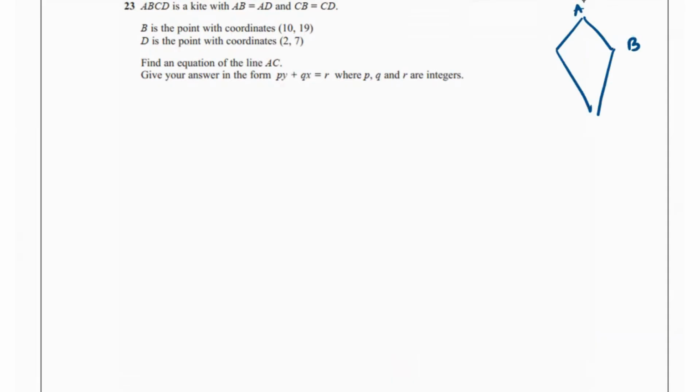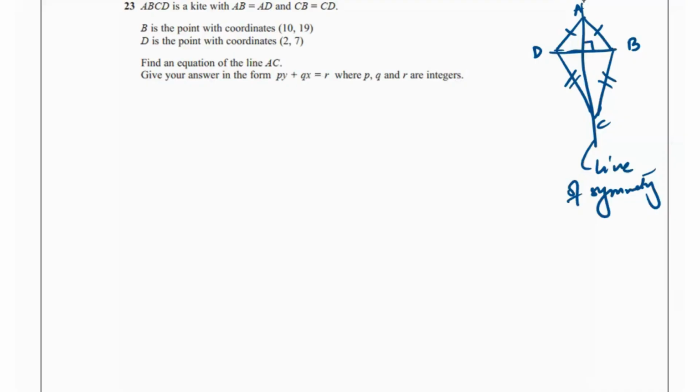A, B, C, D. AB equals AD and CB equals CD, which means the line AC is the line of symmetry of the kite. If it's a line of symmetry, that means it's also perpendicular to the line DB.